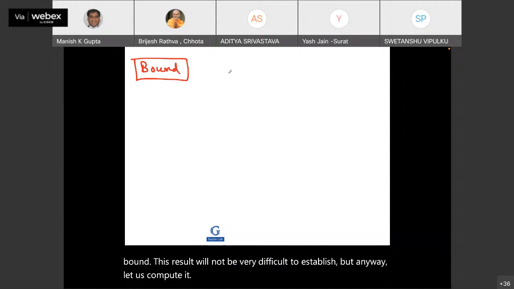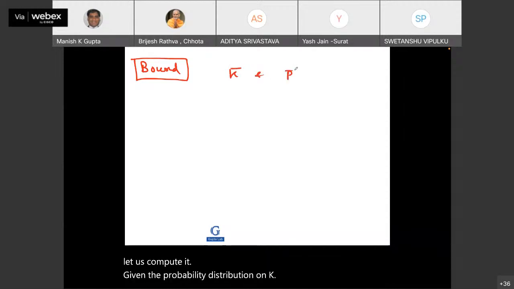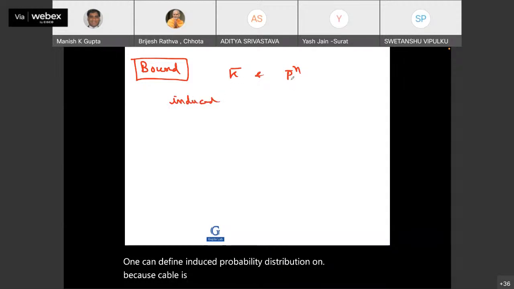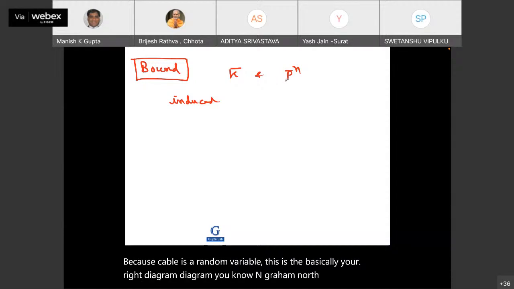So given the probability distribution on K and Pn, one can define an induced probability distribution on, because K bar is a random variable, basically your digram, trigram, n-gram, the random variable corresponding to n-gram, right?